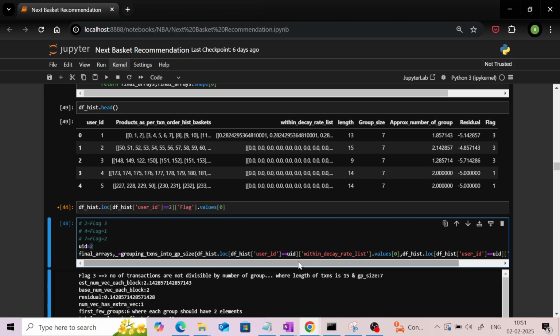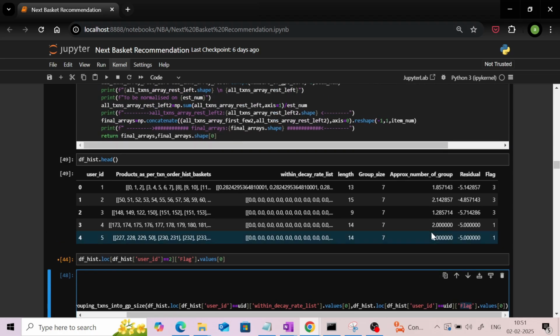So it's for user ID 2. It is subsetting the data, getting the within decay rate list and converting it into values or list format. Along with that, we are also sending the flag value corresponding to user ID 2. So let's get into the function.